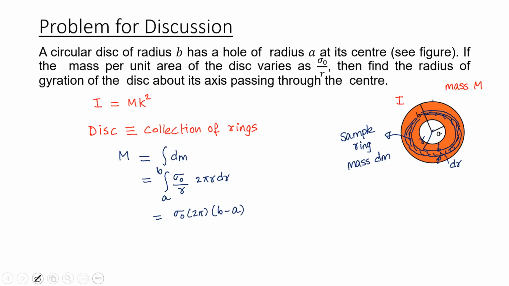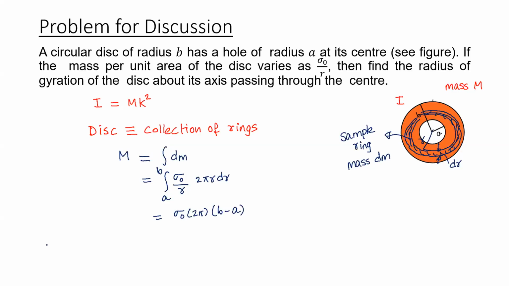Now we need to get the moment of inertia. I have the answer here also; I don't know why the answer came up. I was supposed to hide the answer. Anyway, the moment of inertia of the disk is the integral of the moment of inertia of the sample ring.